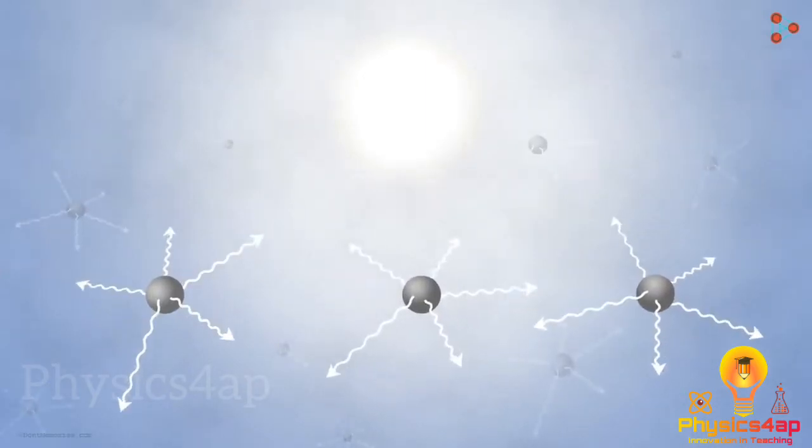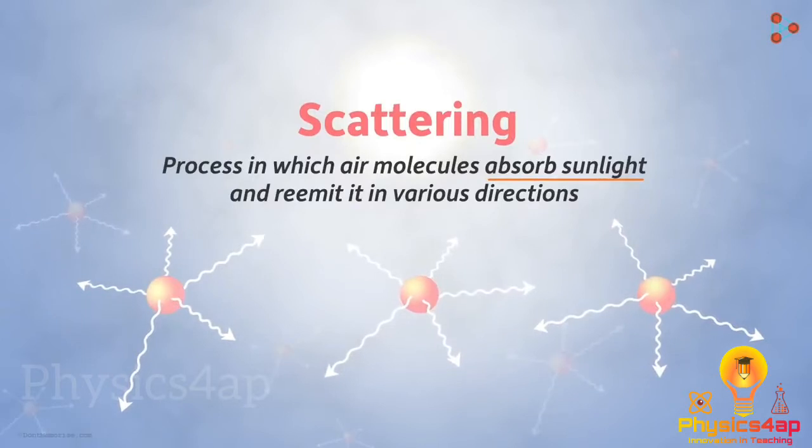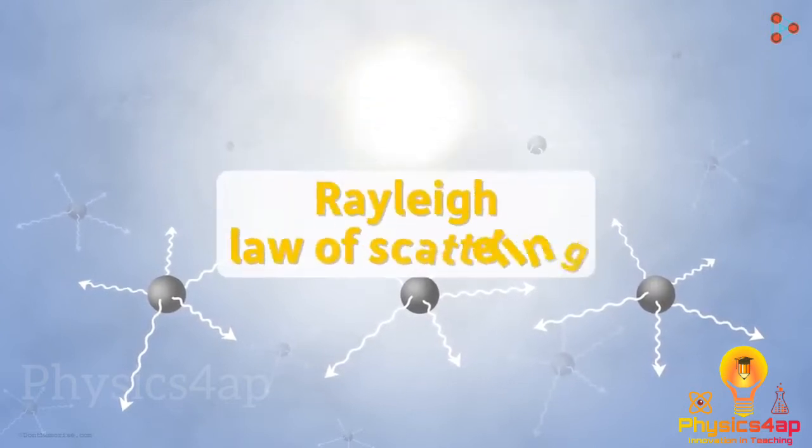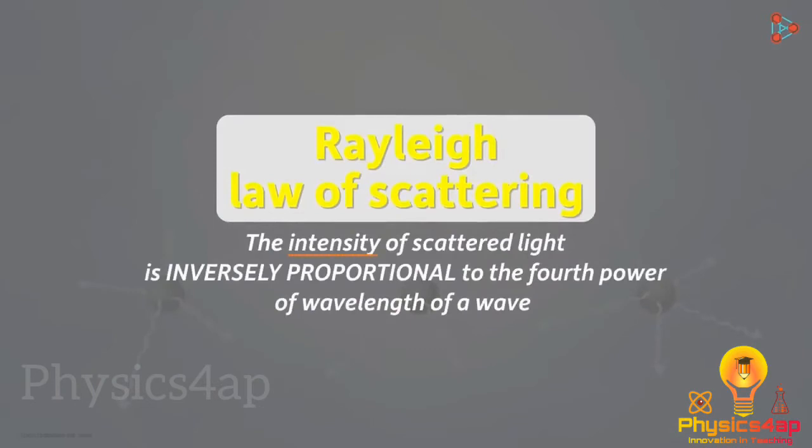When sunlight enters into it, it scatters, that is, the process in which the air molecules absorb sunlight and re-emit it in various directions. The emitting of light in various directions will not be with the same intensity. It will be different intensity, and that was discovered by Rayleigh, the law of scattering.